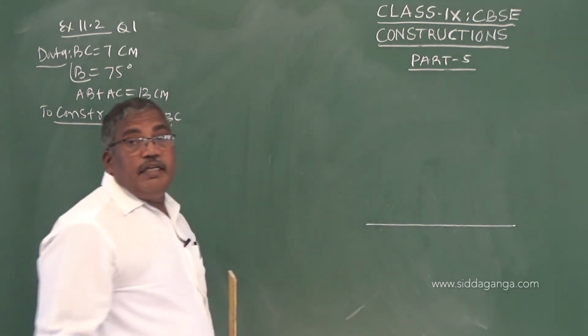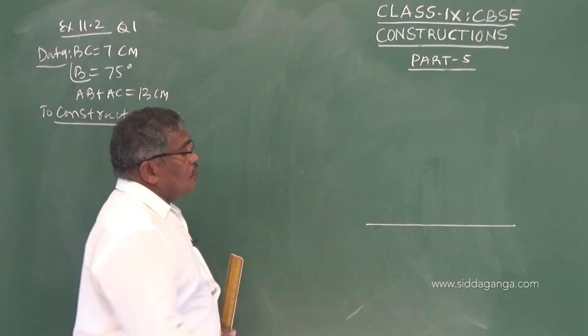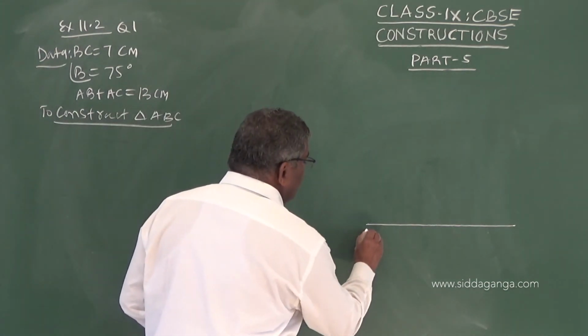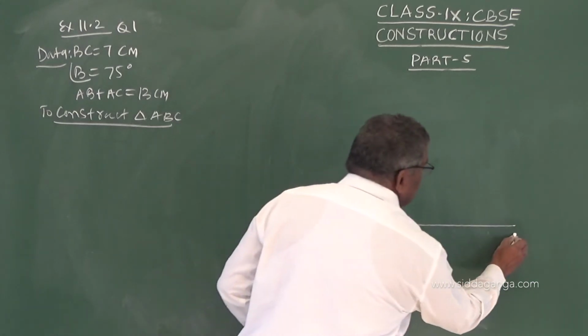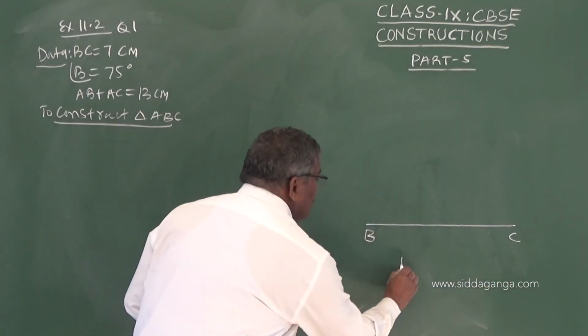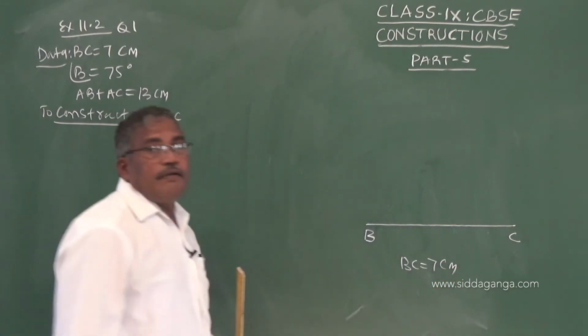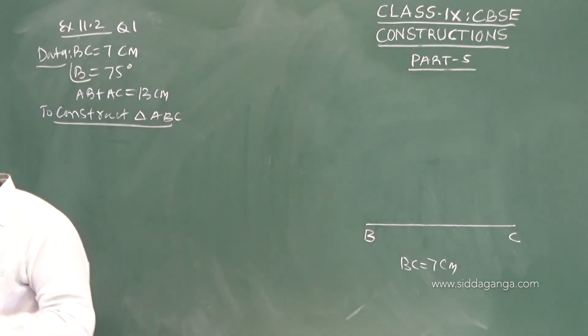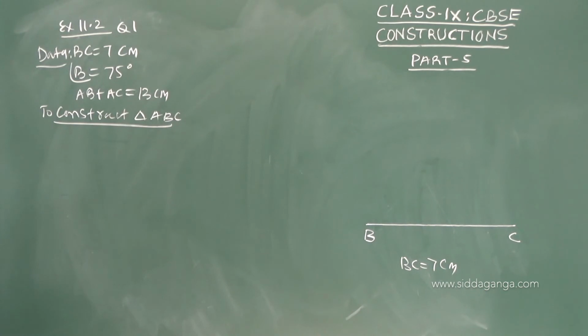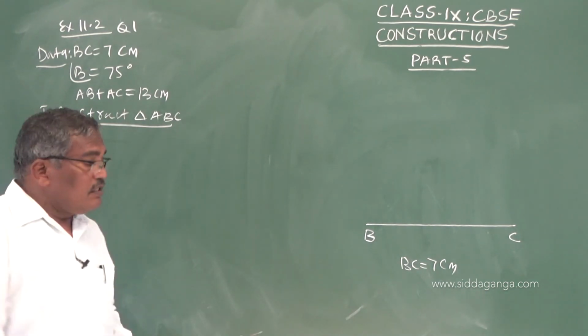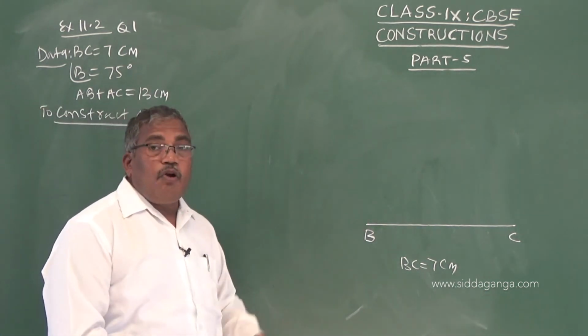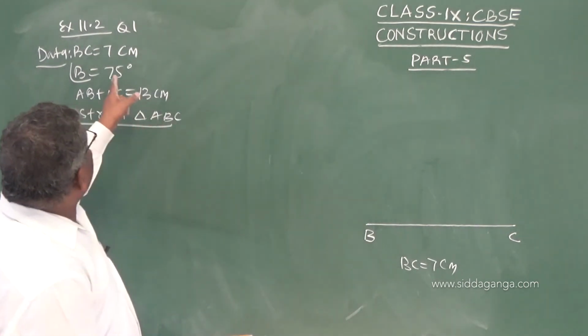On the board I am drawing a little bigger diagram so that you can see it very clearly. This is B and this is C. So BC equals 7 centimeter as given. Now angle B is 75 degree. We have to construct an angle of 75 degree at point B.